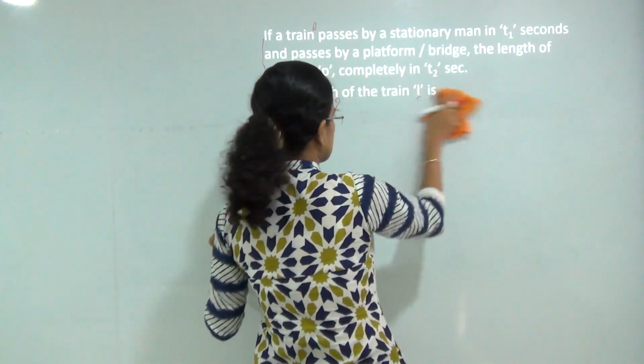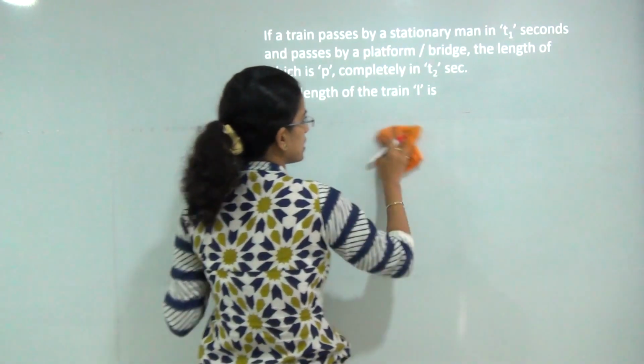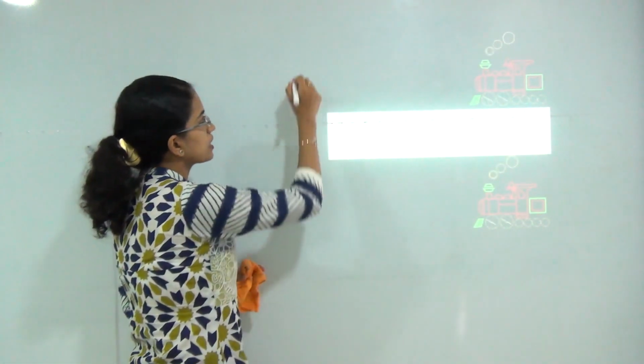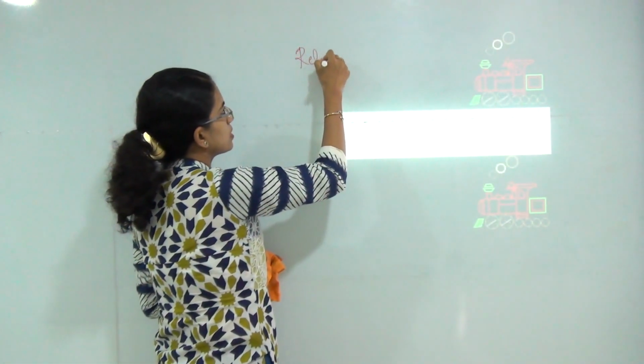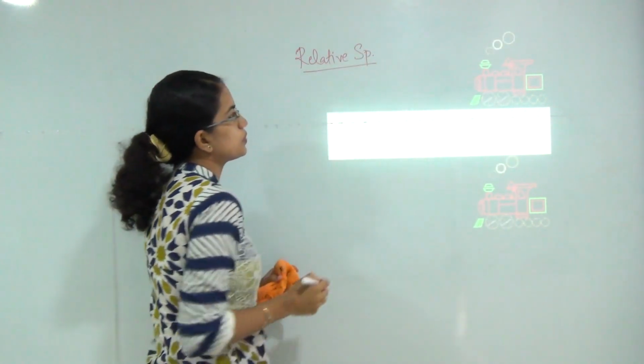Now in the next section that we would be covering, we would be talking about the concept of relative speed. When we talk about relative speed, we would take two cases.